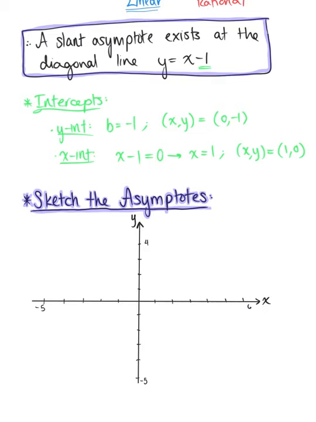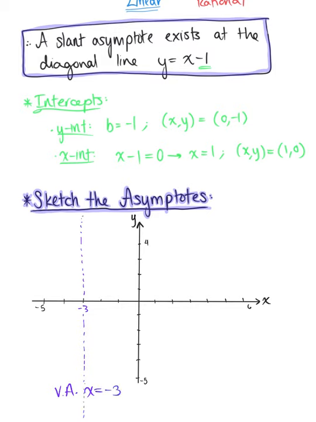So here we go. So let's begin by sketching the vertical asymptote. Now recall, we found that we have a vertical asymptote at x equals -3. So where x is equal to -3, we are going to draw a dotted vertical line to represent this asymptote. Beautiful. So this is our vertical asymptote at the vertical line, x equals -3.